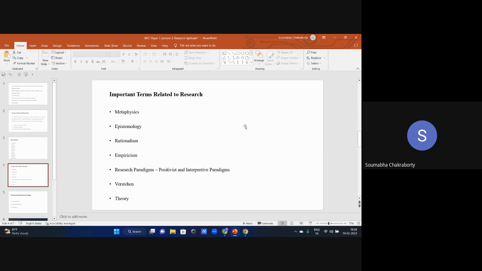Next, we will talk about several research paradigms. So there are two kinds of research paradigms: positivist and interpretive. The positivist paradigm is associated with quantitative research strategies. Most scientific or quantitative research uses positivism as a conceptual framework of research.